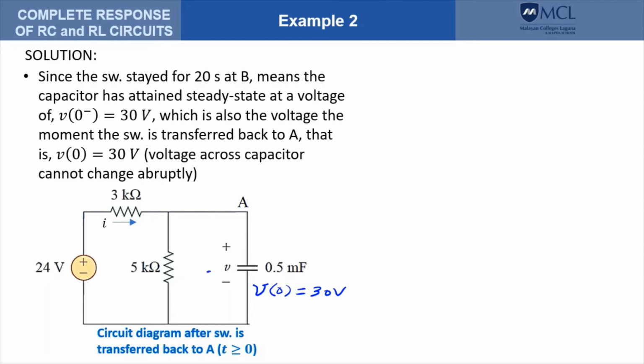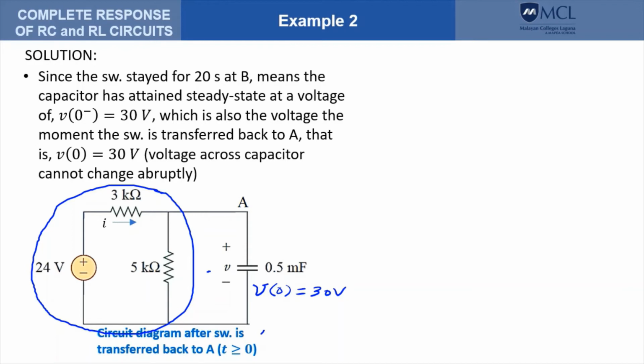So to solve for V, we notice that the circuit is not a series RL or series RC circuit, where we can apply the formula for the voltage across the capacitor. But we can take a look at this part of the circuit and we can replace that by its Thevenin's equivalent.